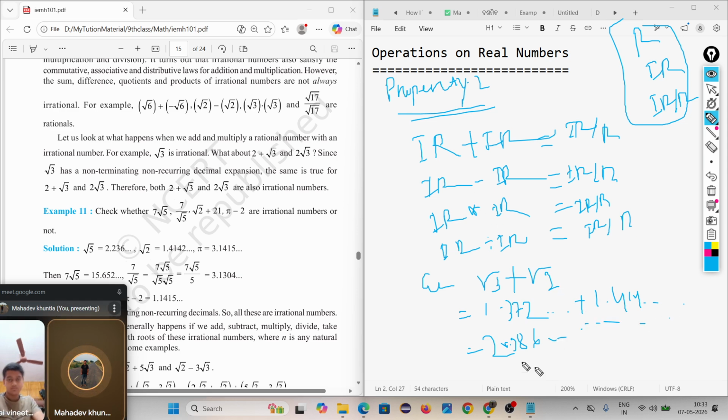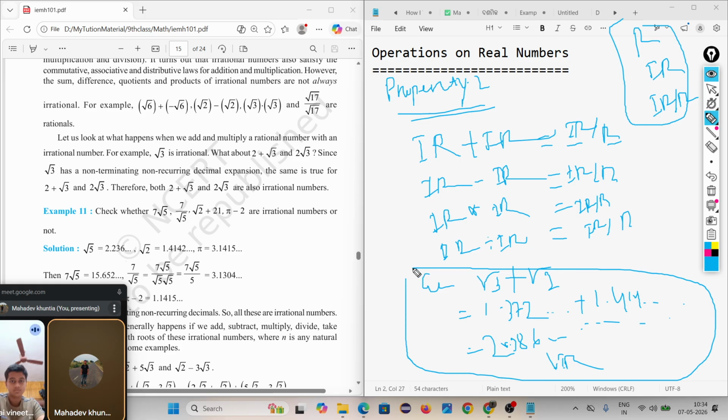Here irrational plus irrational, you are getting irrational, na? Yes, sir. I am telling, sometimes you will get your result as irrational, sometimes as rational. In the first example I am getting irrational, but look at the second example.